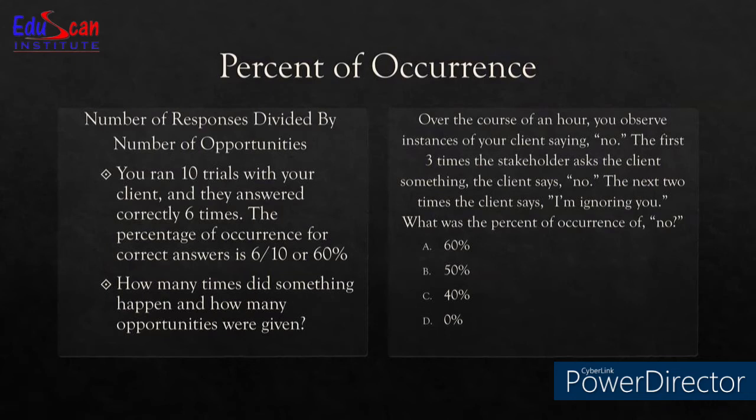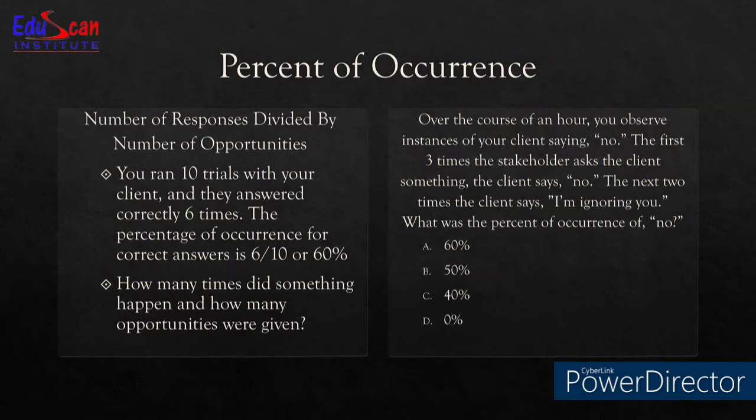Now let's try to understand it with an example. Over the course of an hour, you observe instances of your client saying no. The first 3 times the stakeholder asks the client something, the client says no. The next 2 times, the client says, "I am ignoring you."